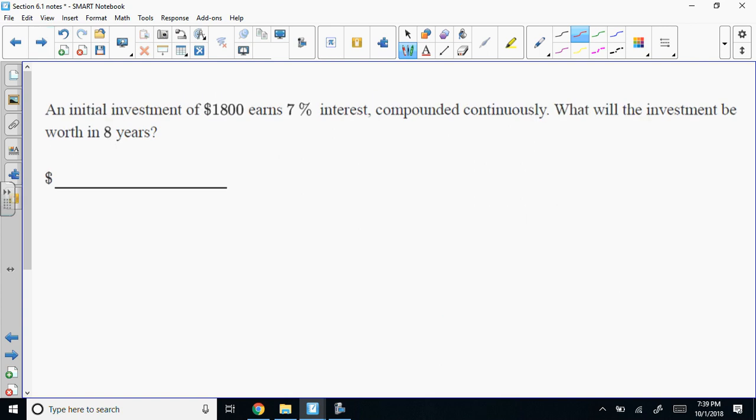Let's do some compounding continuous. Well, it's this, right? PERT, right? Compounded continuous should be PERT, right? And that Y normally is an A, but let's look at it.